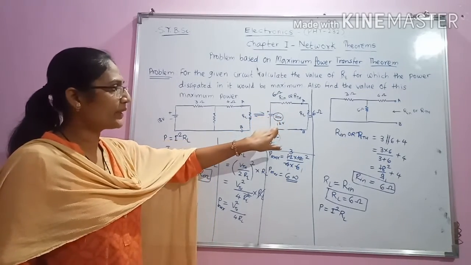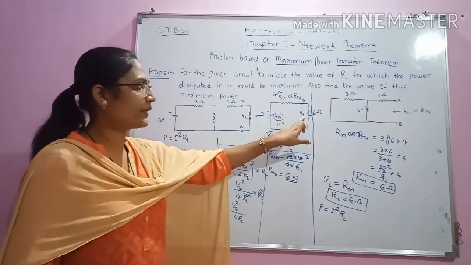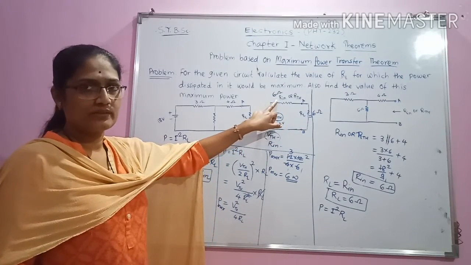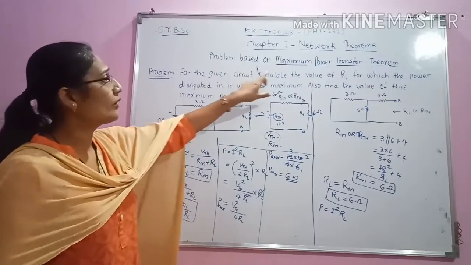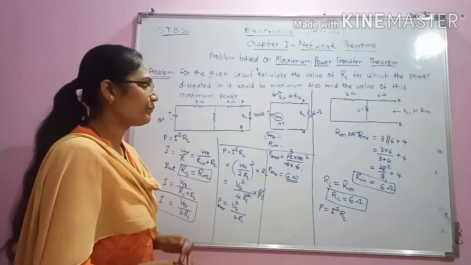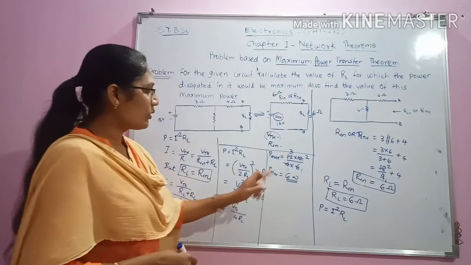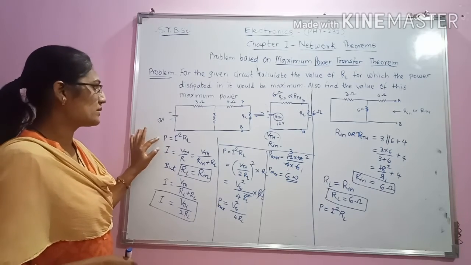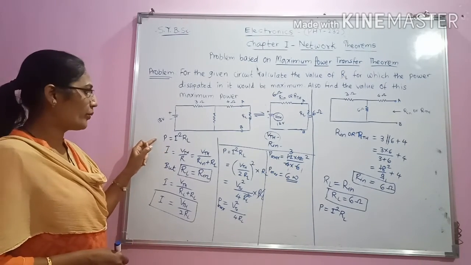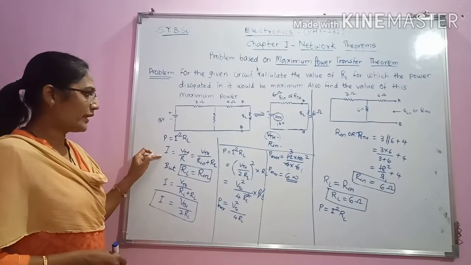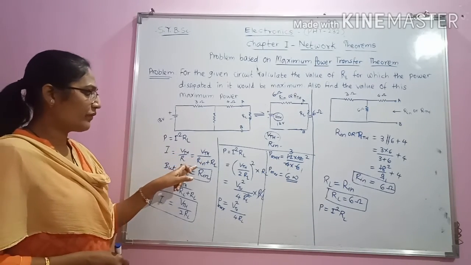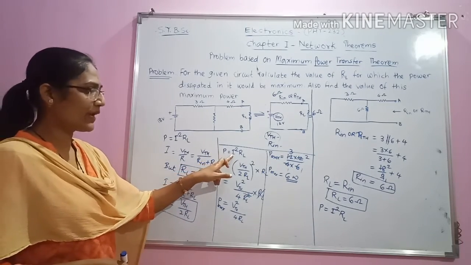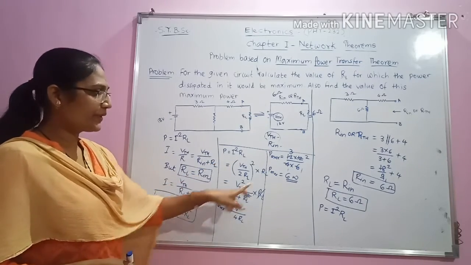Then we calculated the value of RL, which is equal to the value of internal resistance, because that is our maximum power transfer theorem. Then in order to find out the maximum power across the load resistance, we applied the formula I square RL. We calculated I by the formula VTH divided by Rin plus RL, and after that we substituted the value of I and calculated the maximum power.